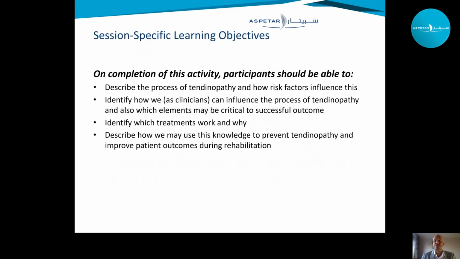In terms of the learning outcomes for what we're covering today, the idea really is to give you a bit of background about the process, the pathophysiology of tendinopathy. That will help us understand the disease itself. Then we're going to look at risk factors and how they interfere with these particular elements, alongside reviewing some of the epidemiology, so the people who actually get these conditions, because that will help us understand all of the interplays between these various elements.